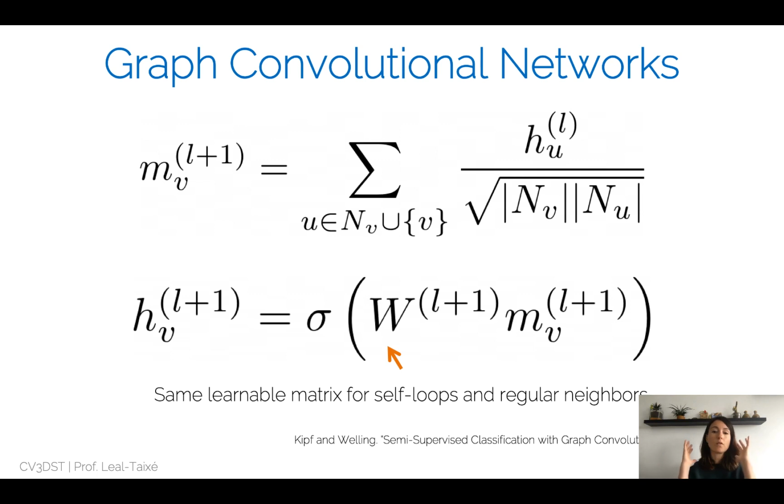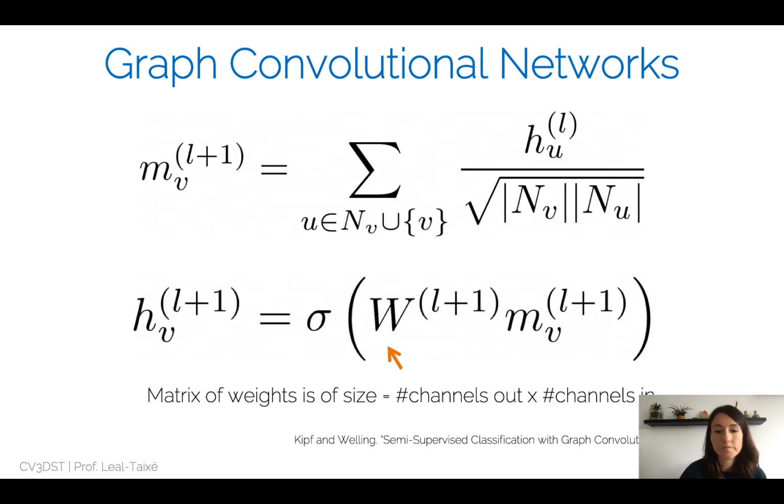I'm going to perform an operation which multiplies weights by my messages and then passes it through a nonlinearity. And so this matrix of weights is going to have size, number of channels that we want in the output, multiplied by the number of channels that we want in the input.